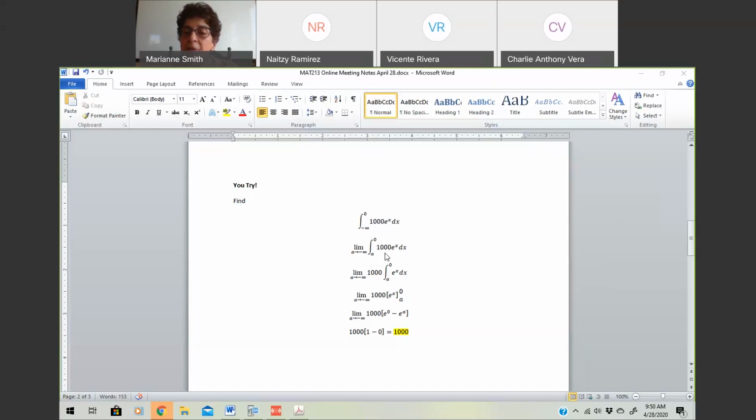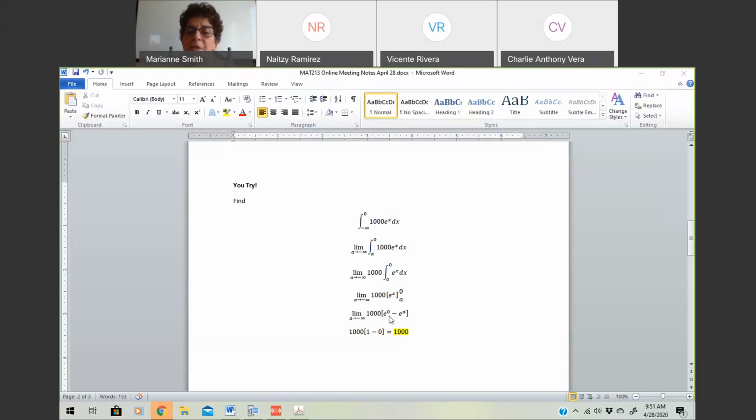The next thing I'm going to do is pull out the coefficient 1000. Remember, you can pull a coefficient right through an integral. Then all I have to integrate is e to the x. The integral of e to the x is e to the x, that's here, and I'm evaluating that from a to 0, where a is my lower bound.